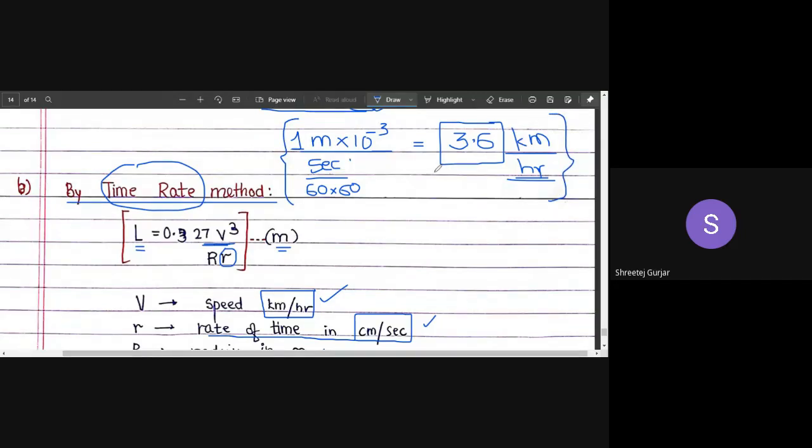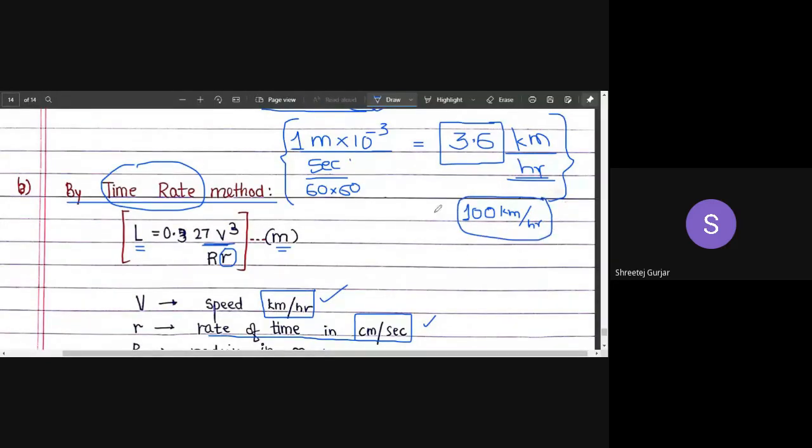Yes. Suppose now you are going at a speed of 100 kilometer per hour, which is what you see in your vehicle speedometer, the velocity is showing 100 kilometer per hour.